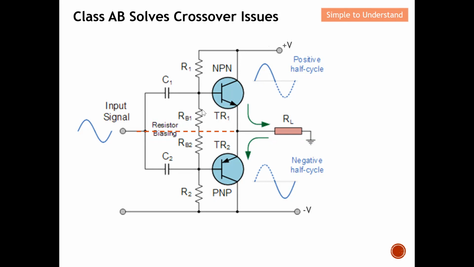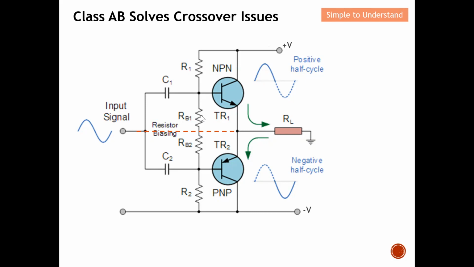Hence it may be a challenge to ensure that the voltage here will be a continuous 0.7 volt drop. Let's say because of some heat issue or some other unforeseen issue, I can't really guarantee that the voltage drop will be constant at 0.7 volt.